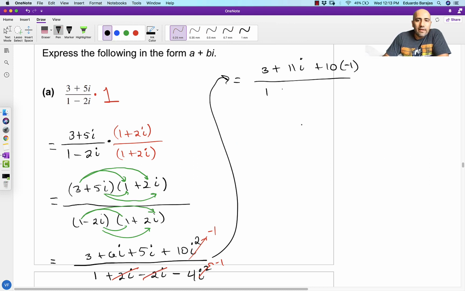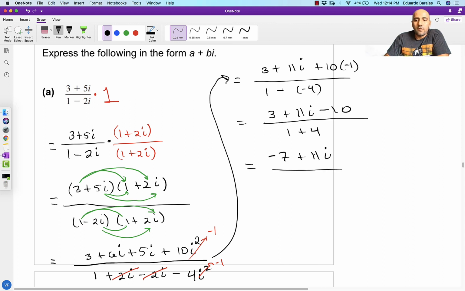And then I'll have a minus negative 4, which gives you plus 4. So in the numerator, I get 3 plus 11i minus 10 divided by 1 plus 4, which equals negative 7 plus 11i in the numerator, combining the 3 minus 10, that gives you negative 7, divided by 5.